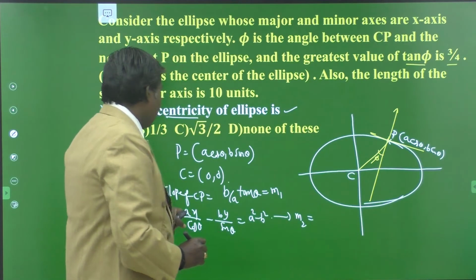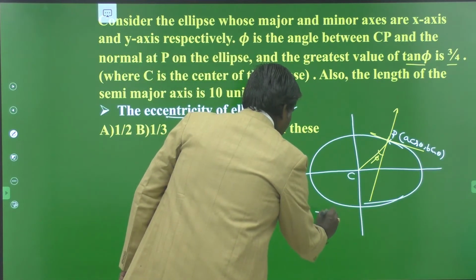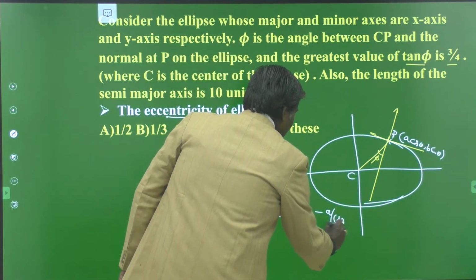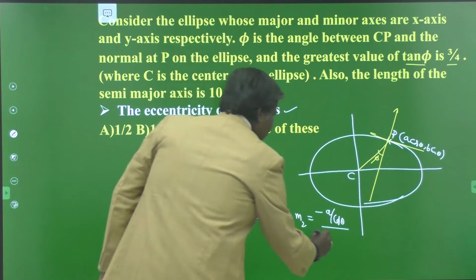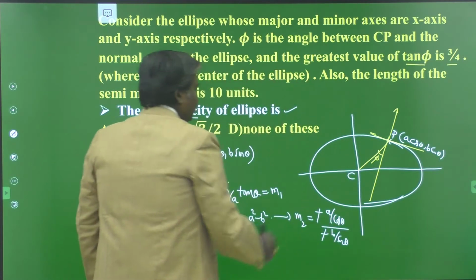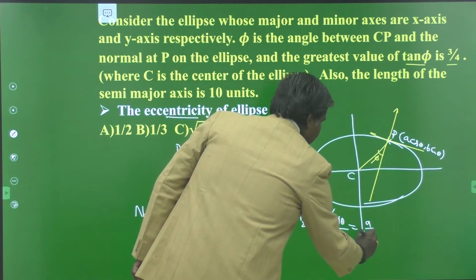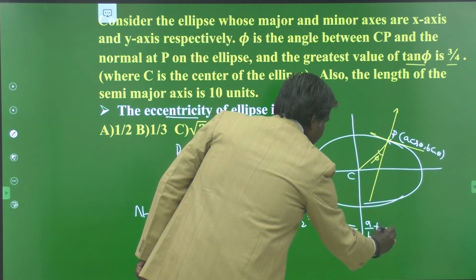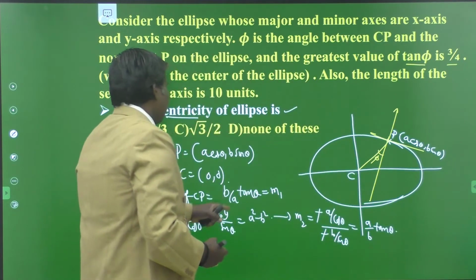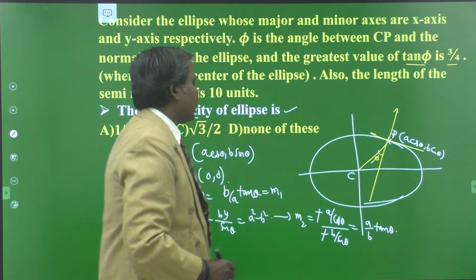What is that? Minus a by cos theta by minus b by sin theta. So it is nothing but a by b tan theta. What is m1? b by a tan theta. This is m2, a by b tan theta.